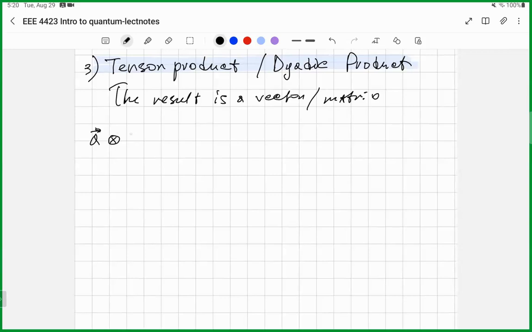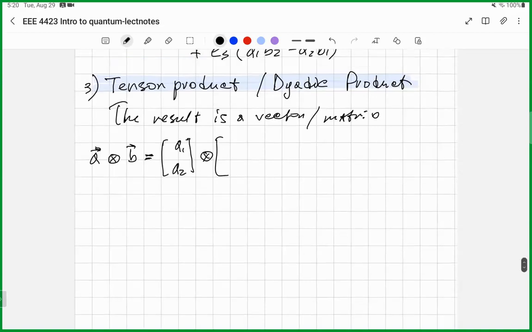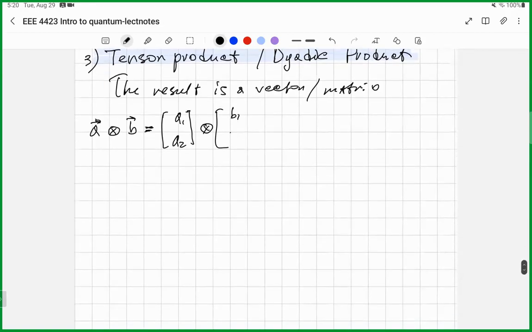And for two vectors A and B, if we represent these vectors by their components, vector A with components A1, A2, for example, we consider two-dimensional space, the simplest case, the tensor product, vector B with components B1 and B2.